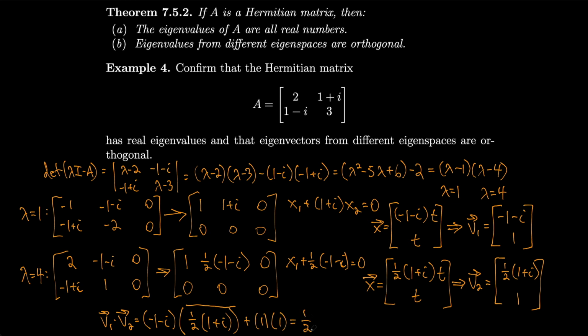And that'll be half of minus 1 minus i times 1 minus i, plus 1. And everything in there cancels and we get 0. So yeah, the two eigenvectors are orthogonal.